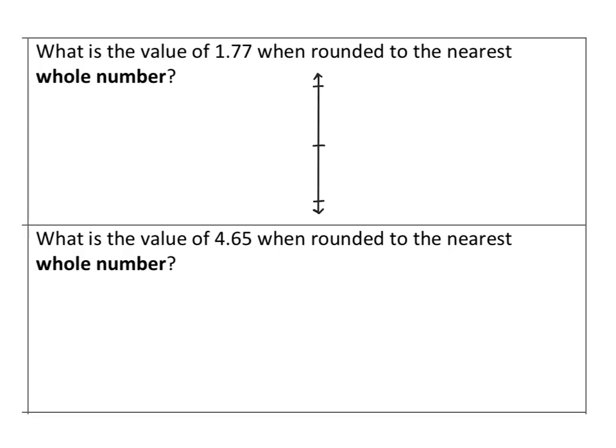Now that your number line is drawn, let's look. 1 is the whole number. It comes before the decimal. So our whole number is 1, which means that 1 77/100ths needs to be between these two ends. So we're either going to round down to 1 or up to, what is 1 more than 1? 2.